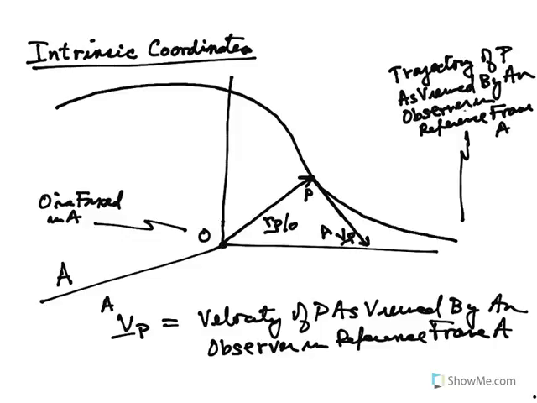So if I take the unit vector along this velocity, that vector I'm going to define as E sub t. So E sub t is this unit vector.